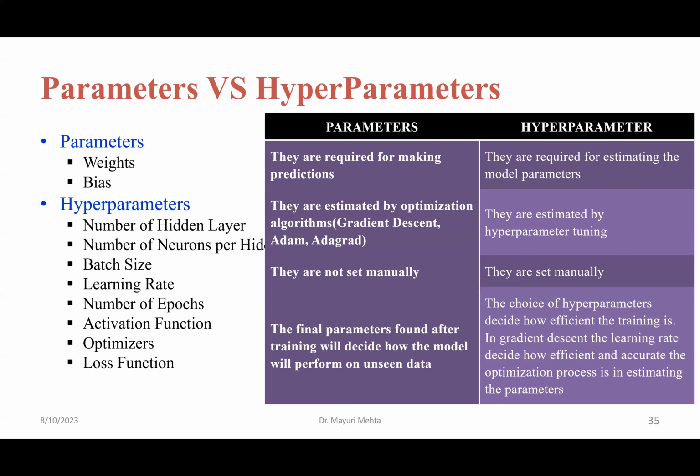Let us take another example: the number of epochs. Initially we can set the range of the number of epochs to 50 to 500.